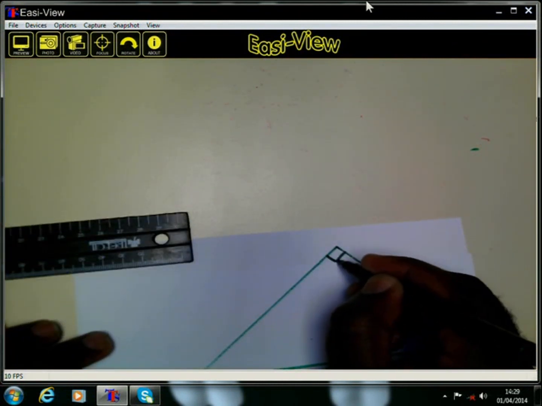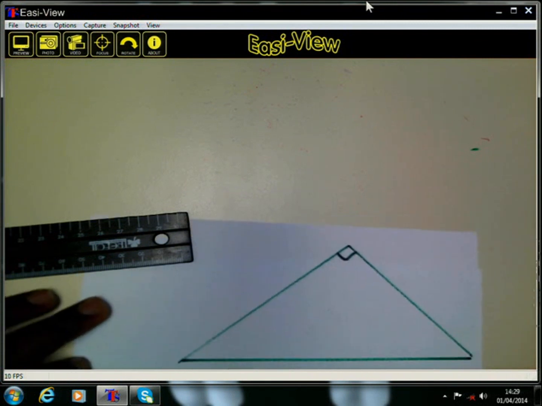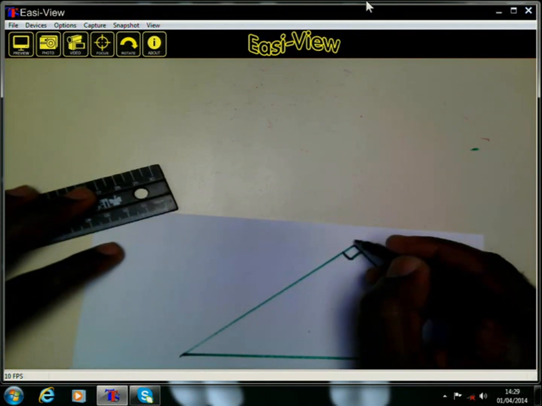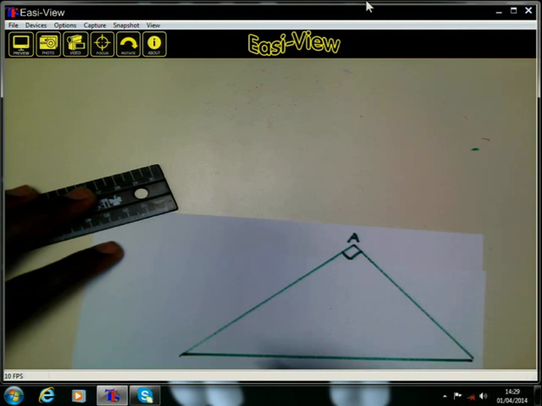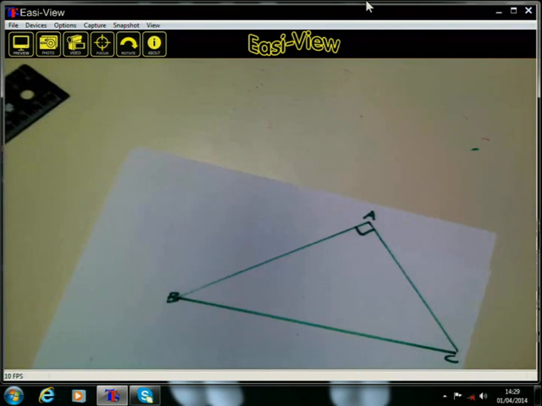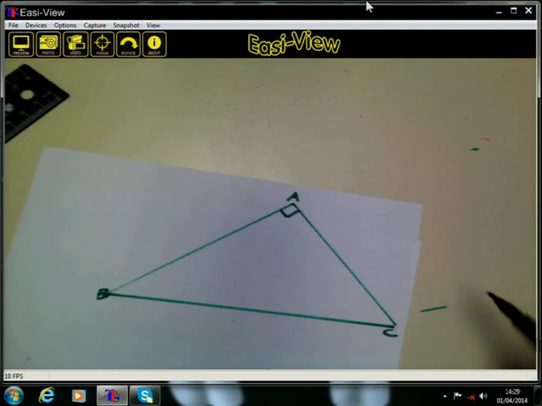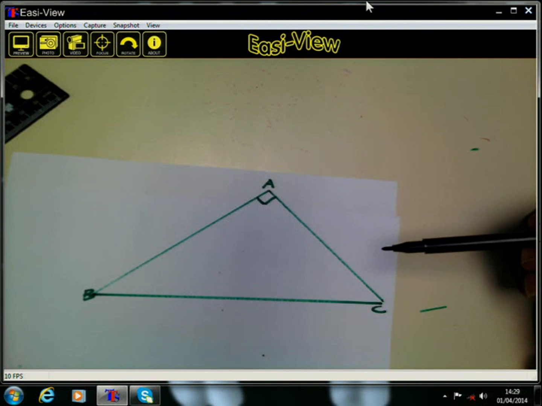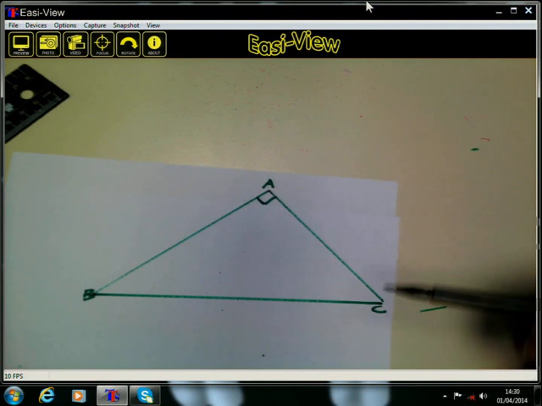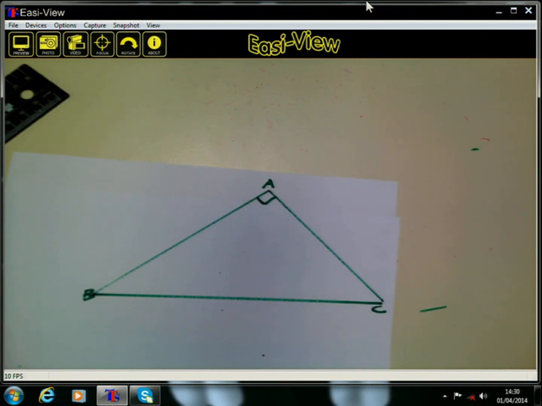Because this angle must always be equal to 90. If we have triangle ABC, a right-angled triangle, the reason we refer to it as a right-angled triangle is that one of its angles is 90.